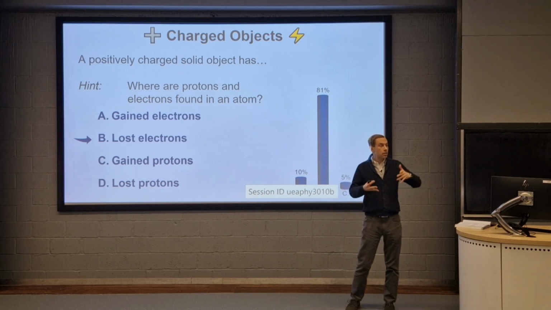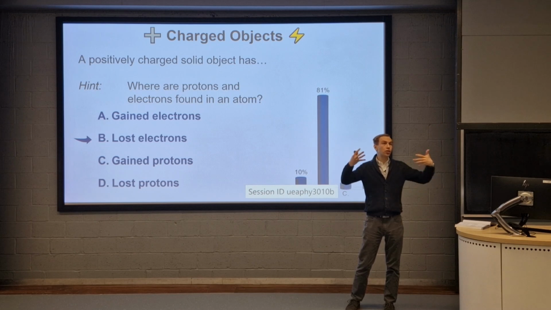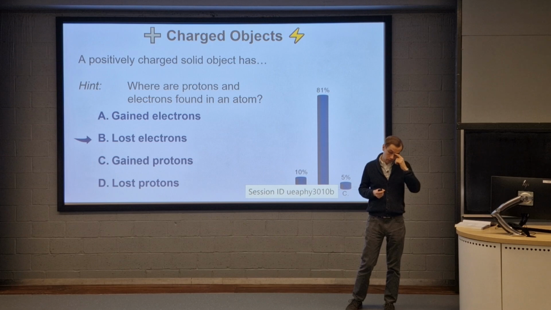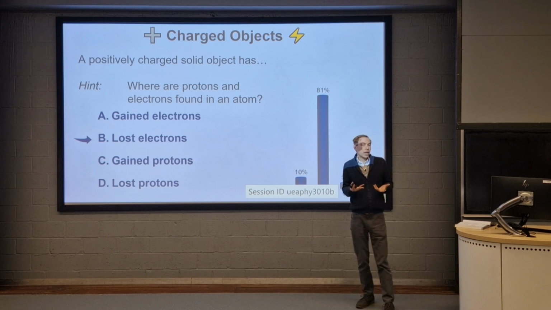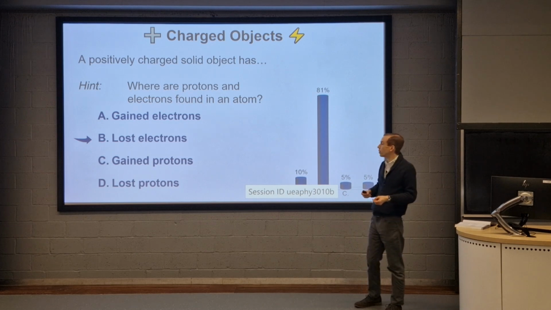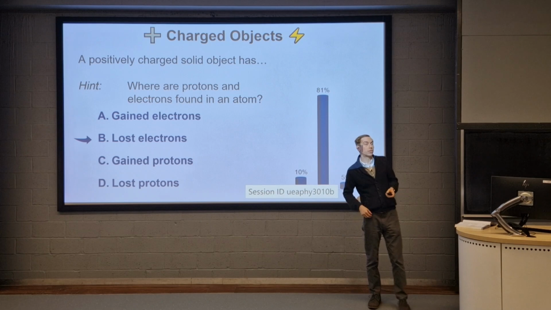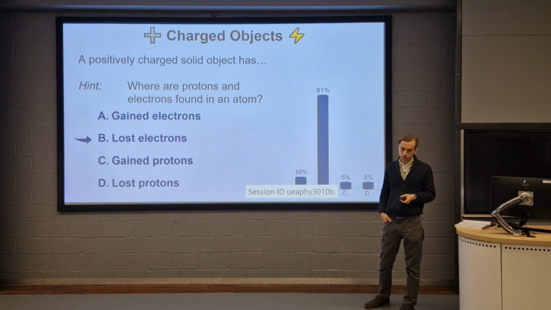Maybe there's an imbalance in the electrons, so there's that charge difference, and then we get that attraction there. Now, of course, the ancient Greeks didn't know what was going on there. It was just these nice rocks that feathers would stick to. But now we know that if an object is positively charged, it must have lost some electrons.